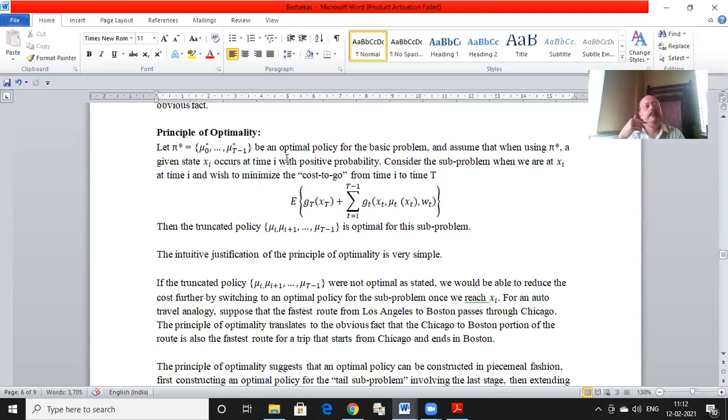Now, suppose I think of the problem as if I am starting from time i with xi. So forget about the beginning. I start from time i, and I consider only the cost pertaining to the remaining periods. Then I don't need to recalculate my pi star. The truncated policy starting from mu i is again optimal for this subproblem starting from i.